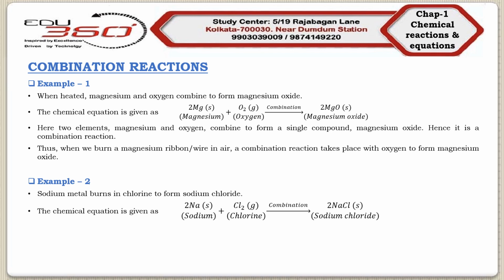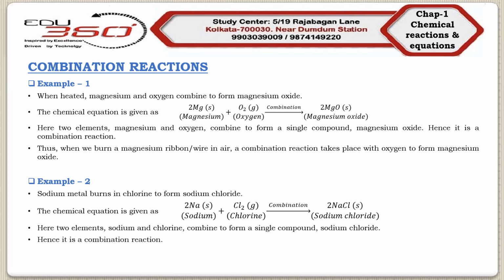Here sodium is a solid, chlorine is a gas, and sodium chloride is again a solid. So two elements, sodium and chlorine, combine to form a single compound, sodium chloride. So it is another example of a combination reaction.